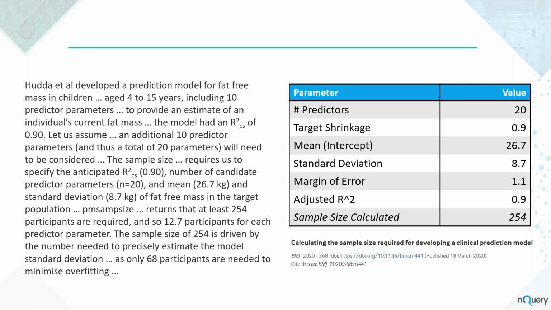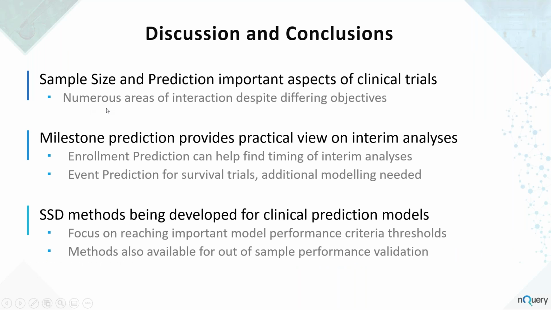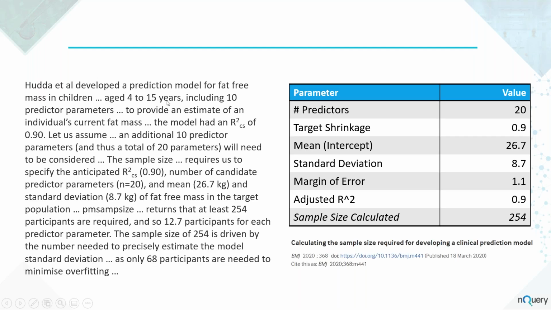So I'm going to take a very brief example here of calculating sample size from one of the foundational papers in this area from Riley. They took another paper by Huda, where they developed a prediction model for predicting fat-free mass. They had a target R squared or adjusted R squared of 90%, and they expected a mean around 26.7 kilograms and 8.7 standard deviation.